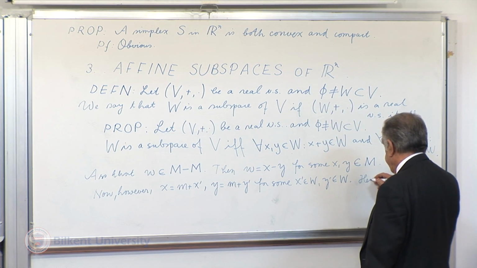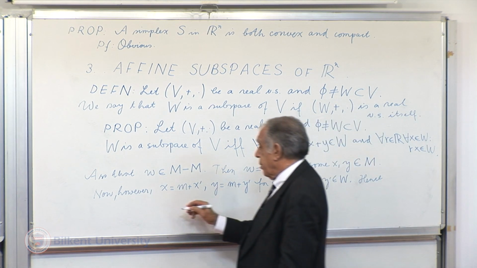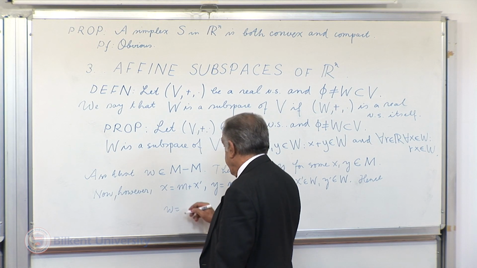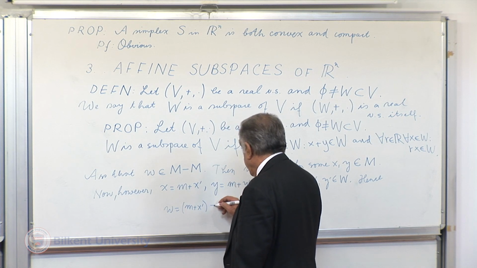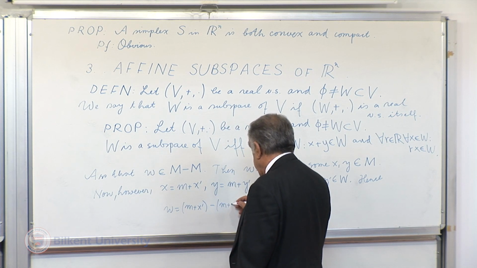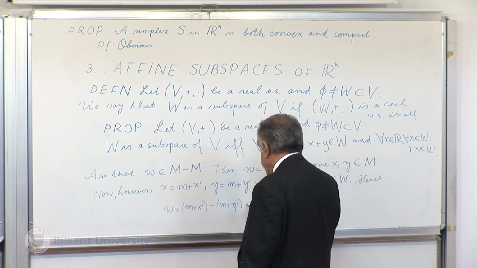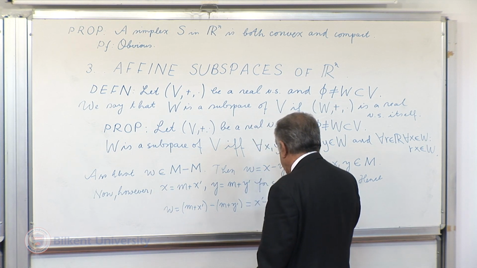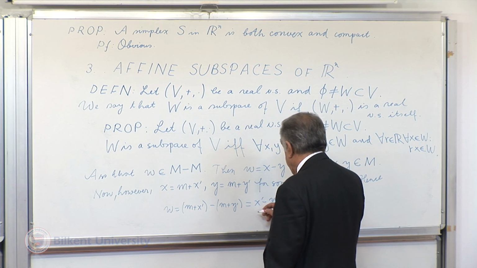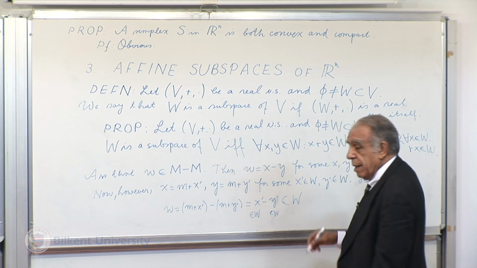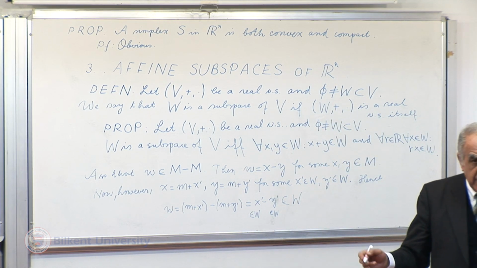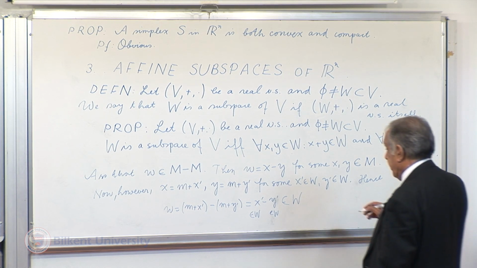Hence, w is equal to x minus y, that is (m plus x prime) minus (m plus y prime), but that's equal to x prime minus y prime, where both of these belong to W, but this difference then belongs to W, since W is a subspace.